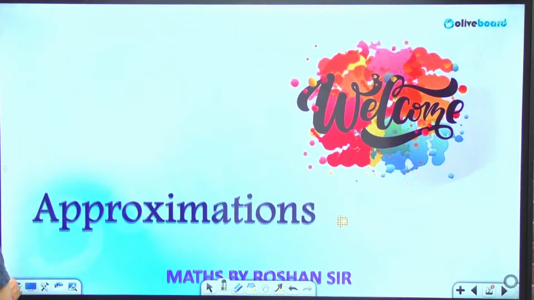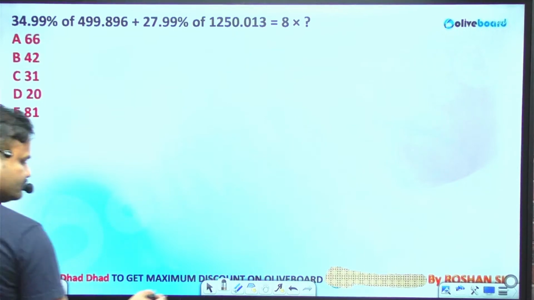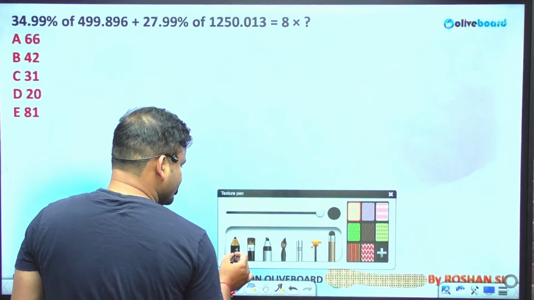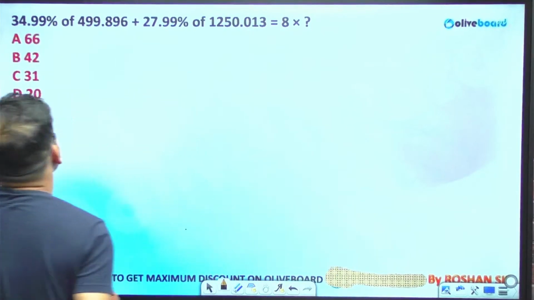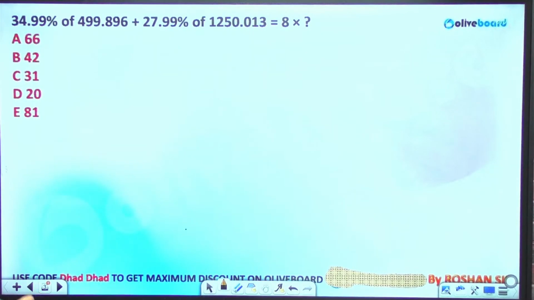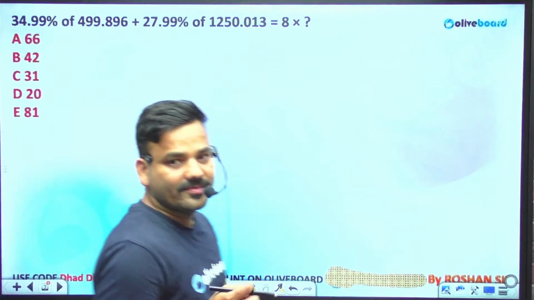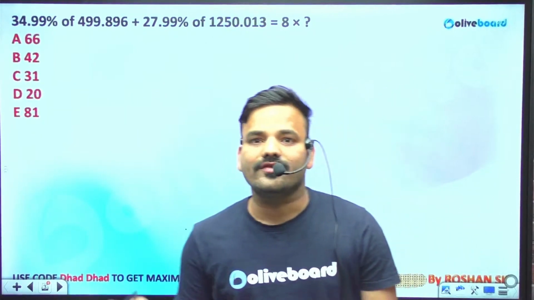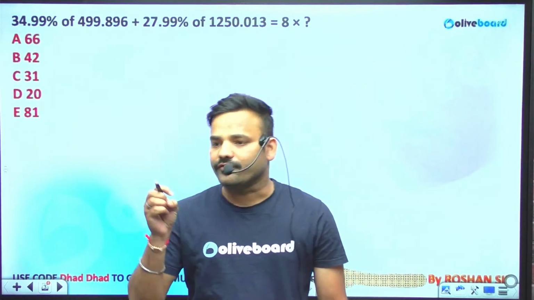Okay, so very first question is this. Very first question of today's session is: 34.99% of 499 point plus 27.99% of 1250 is equal to 8 times of this. Fine, so we will be using approximation, we will be using the concept of digital sum, and the concept of unit place and all.